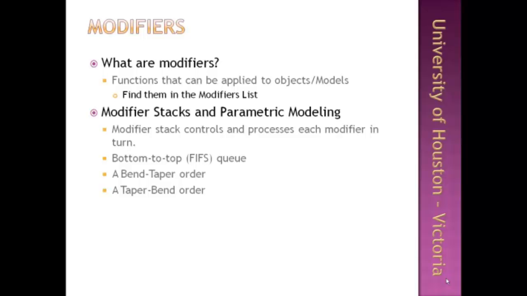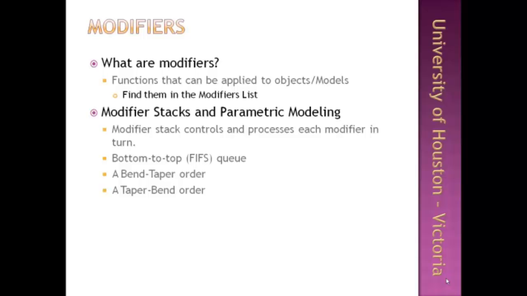You can also choose modifiers from the modifiers menu on the main menu of the software. In this case, modifiers that cannot be applied to the currently selected object will be shown in a gray washed-out color.